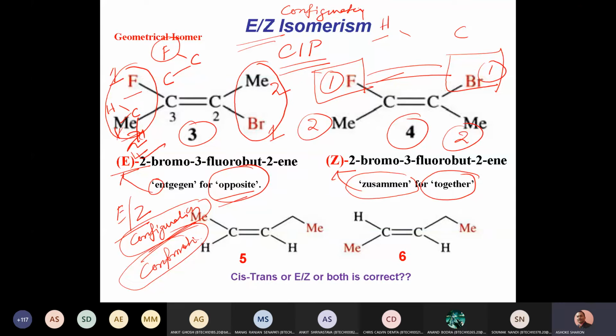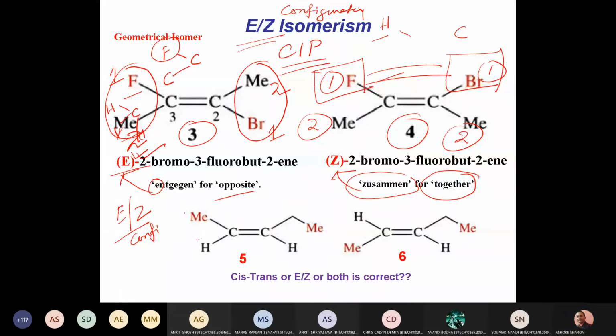Now compound number 5 and compound number 6, what do we call them? Whether these compounds are cis-trans or EZ or both. Compound number 5 and 6, can we call them cis-trans? Is 5 cis or trans?